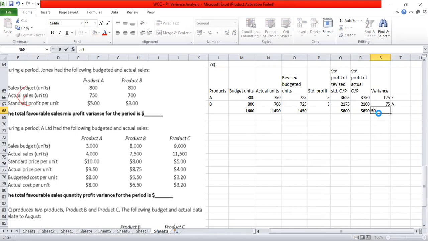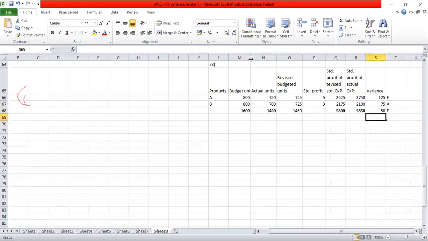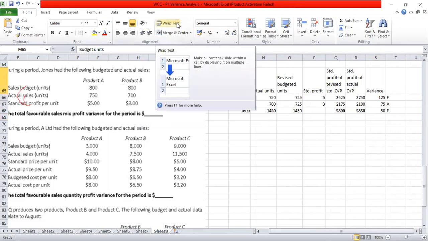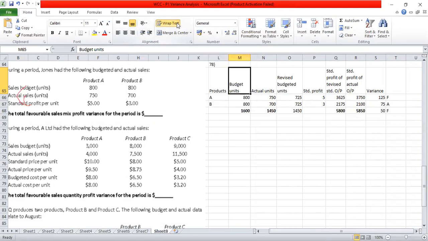Ma'am, we are dividing 1,450 as a 1:1 ratio because the budgeted units are in the ratio 800 is to 800, ma'am. That's right. In fact, every time whenever there is a mix variance, even in cost variance also, when we look into the variance part of it, the comparison will be only when the total quantities are the same.